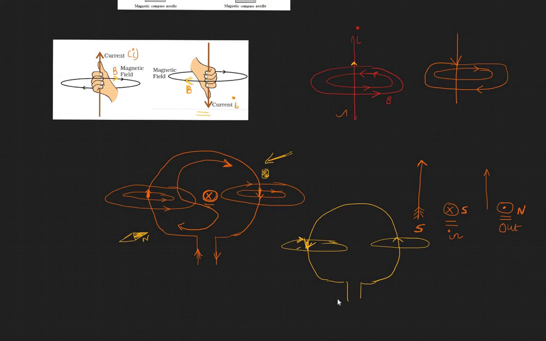And on the right hand side, your magnetic field lines would be like this, so you will see that the magnetic field lines are coming out. From this side, if you put a compass, the south side of your compass would be facing the north face of the coil. As you can see, the arrow of this N and this arrow coincide. So this is the north side of the coil.